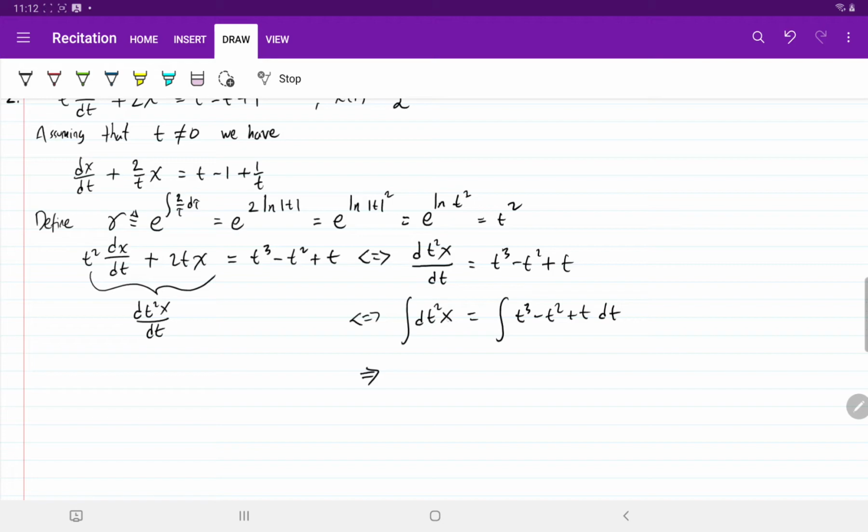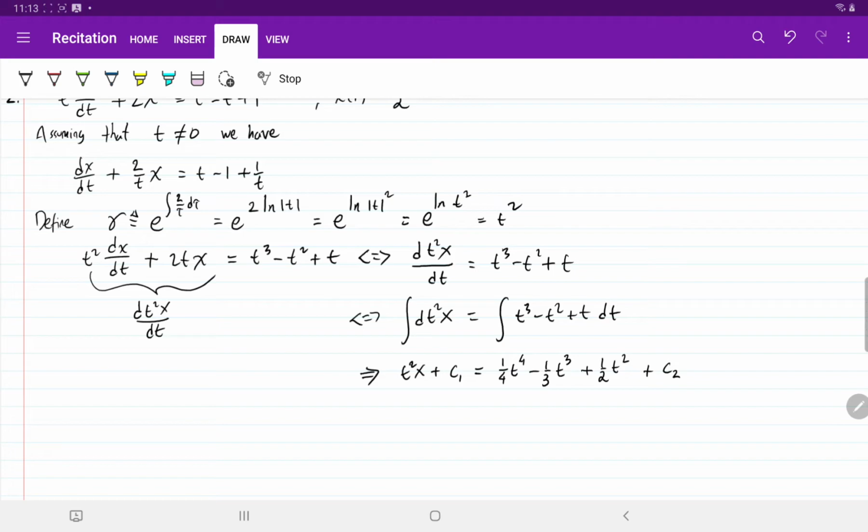So this is nothing but the term right here, t square x plus the constant c1, and this one right here, t cube is 1/4 t to the 4 minus 1/3 t to the third, right? And then this one is 1/2 t square plus the second constant c2.